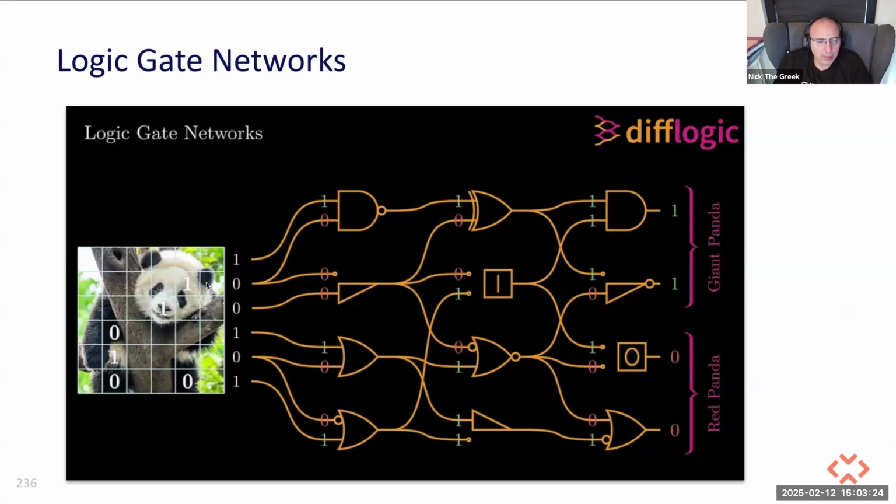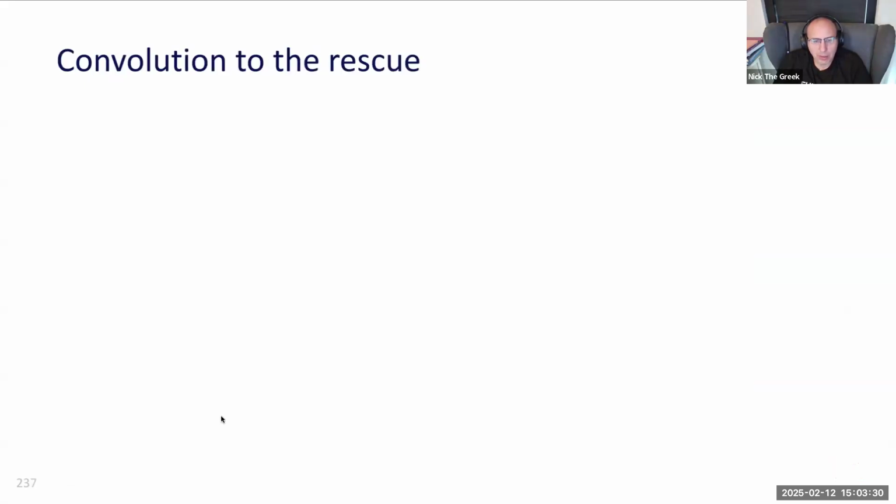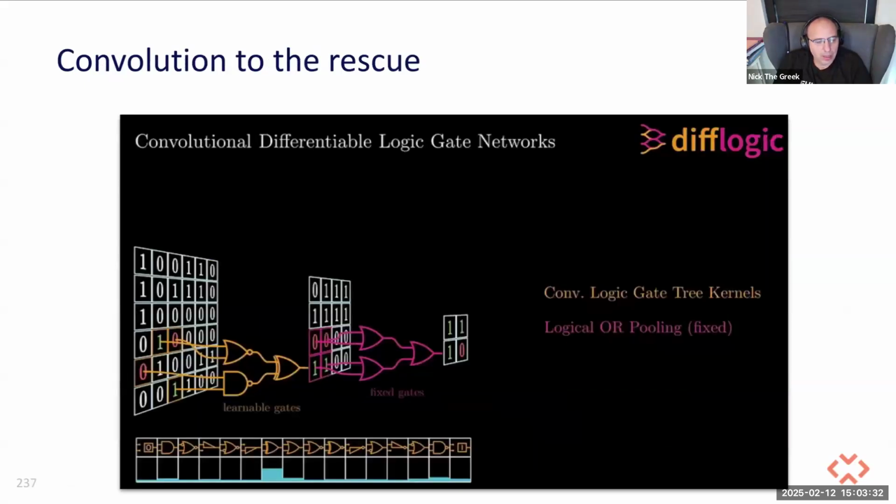You are reading zeros and ones from images, and you're trying to get an answer. And it turns out, I think they experimented with different architectures, and there seems to be some promise from convolutional neural networks, where your convolution is basically a logical gate.